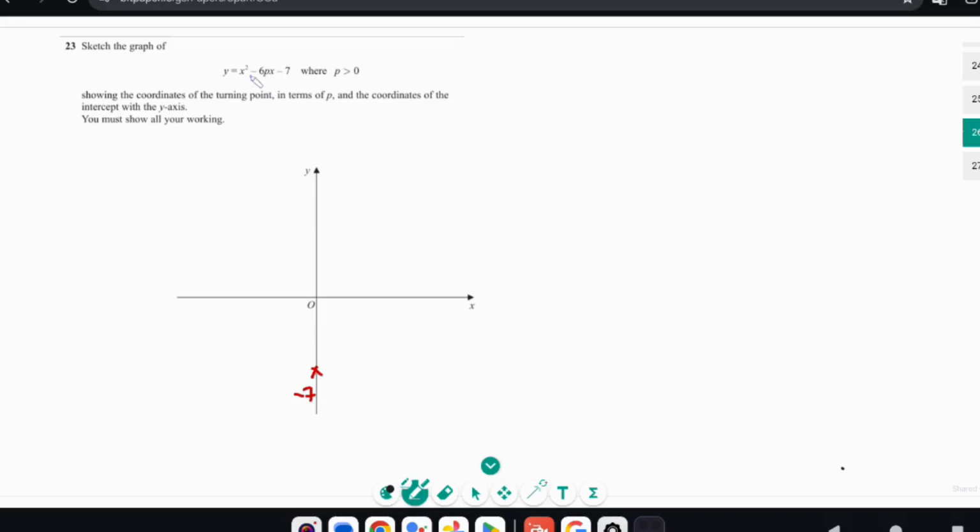It's a curve, quadratic graph, positive x squared, so it would look something like this. Draw that again. Now this turning point here, we can find by completing the square.